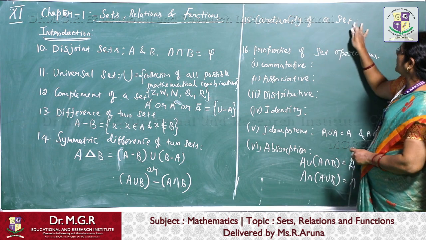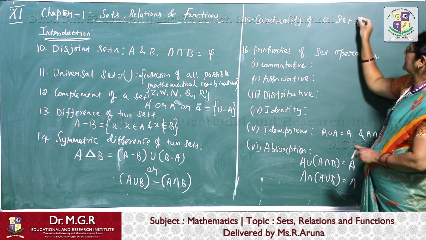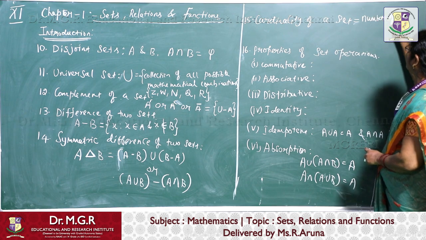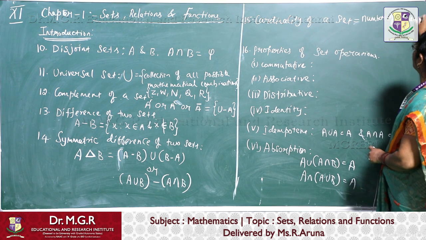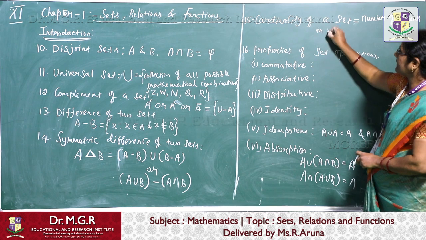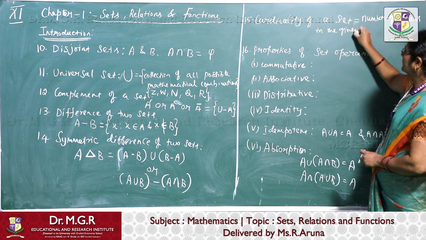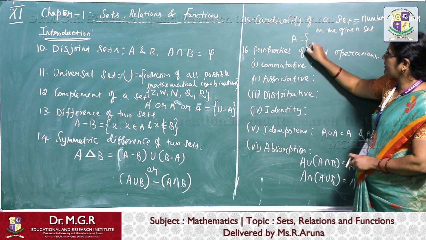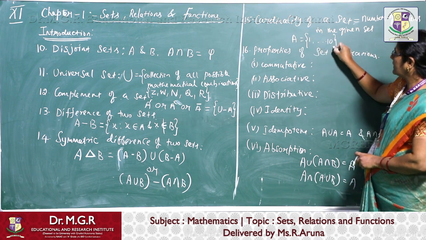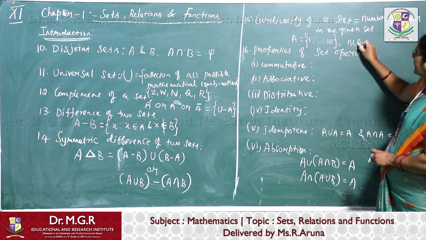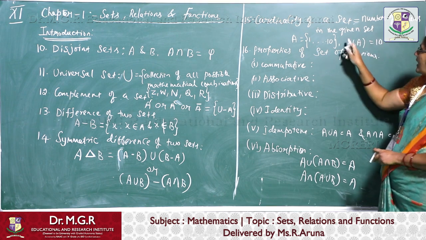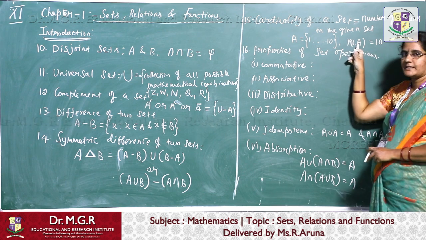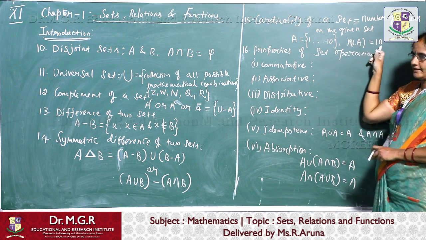Next we can move on to the cardinality of the sets. What is called the cardinality of the set? It is nothing but the number of elements in the given set. Suppose A contains the elements from 1 to 10, the cardinality of A is 10. And it is denoted by the symbol n, that is n of A is 10.